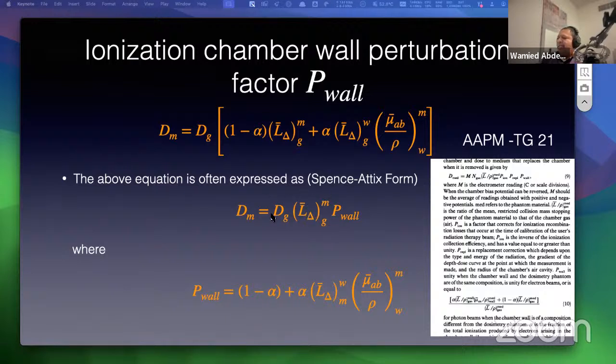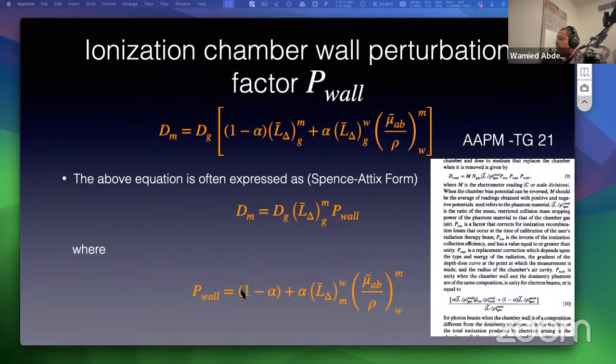Essentially, this part is pure Spencer-Attix cavity theory multiplied by a perturbation factor. So we factorize, taking out the restricted collision stopping power, medium to gas, as a common factor and putting it here with the dose.